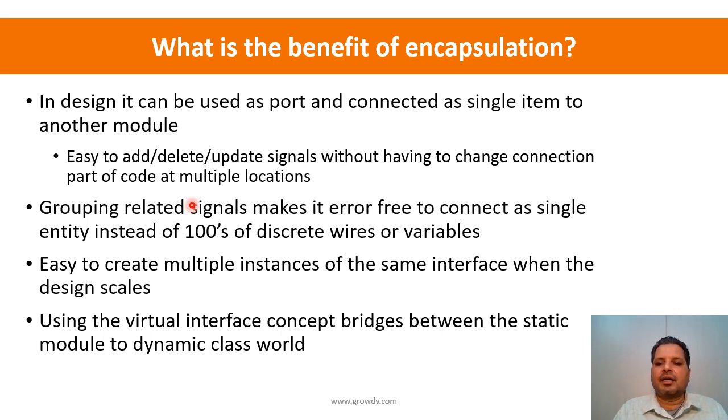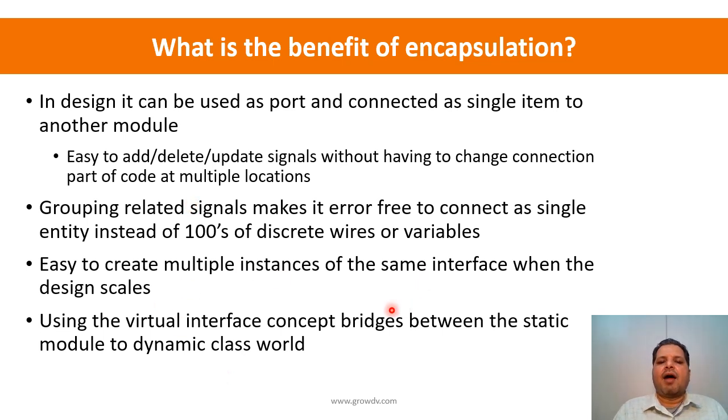When you're connecting fewer signals, as we are doing in our examples, it's not such a big deal. But in real designs, there could be dozens of modules, and each of those modules could have thousands of interface signals. Connecting all of them is definitely an error-prone process. Different companies in the past, before the SystemVerilog interface, have done their own internal proprietary automation to connect based on names. But this is now a standard language-defined mechanism that solves that particular problem.